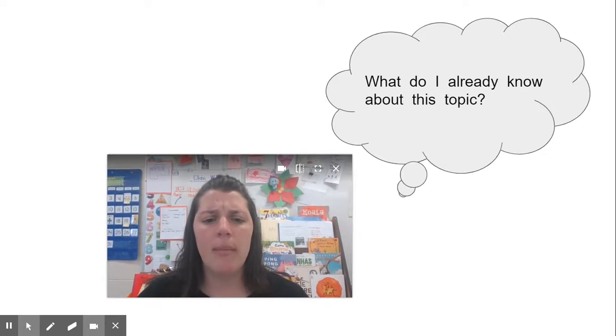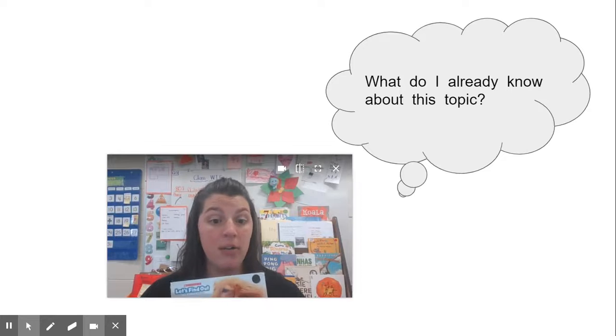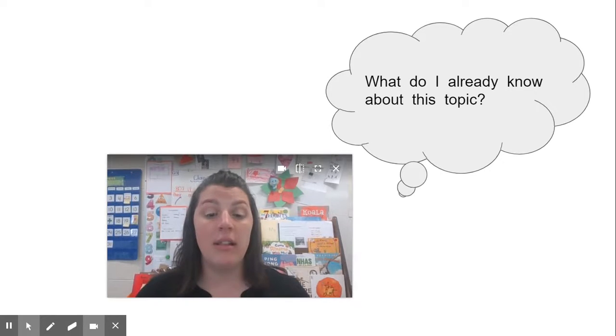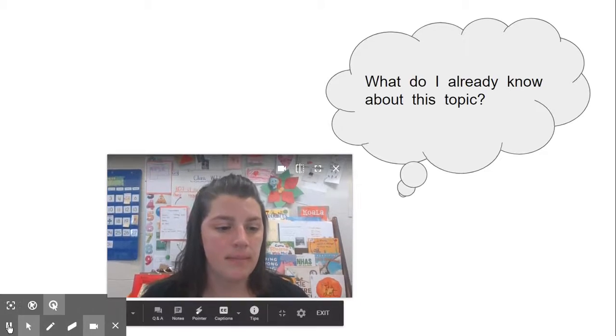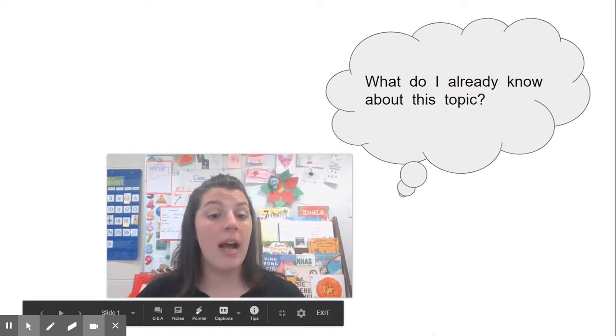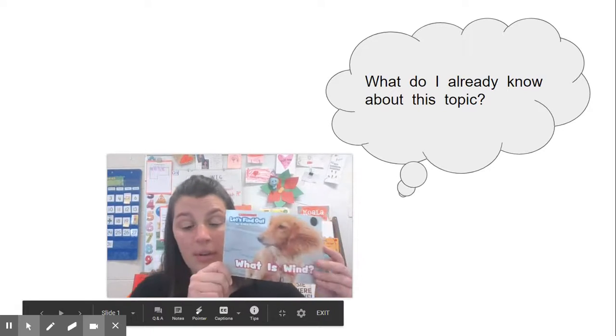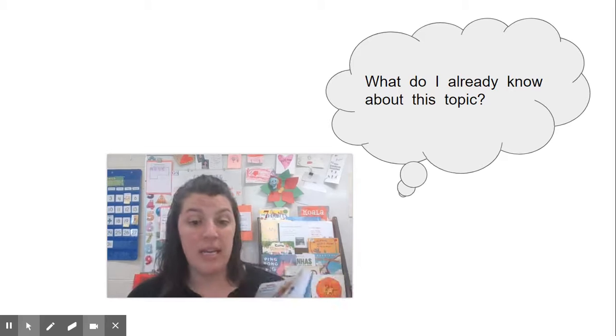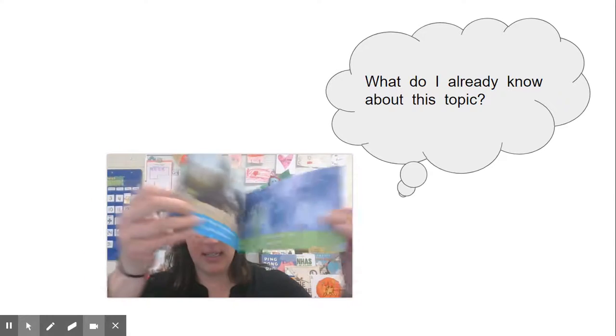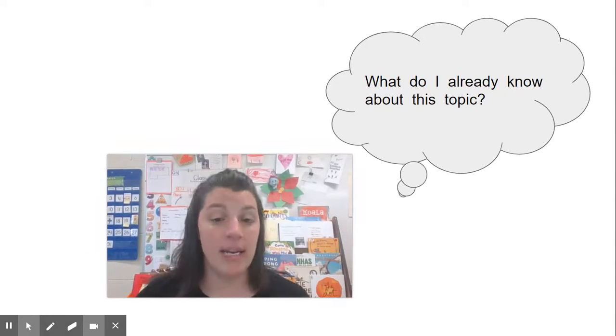Now I want to know what I know about wind. I want to go back to the wind is when the air blows outside like that. So I think that that's what this book is going to be about, and I already know that little bit about the wind. So now that I have this preview that this book is going to teach me about different things in the wind, I get ready to read.